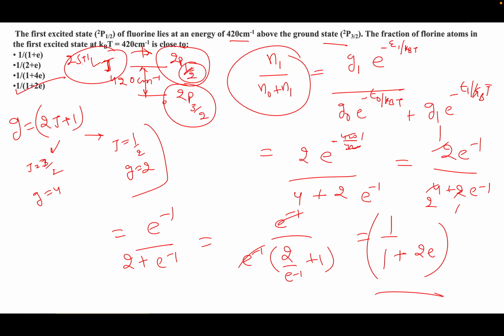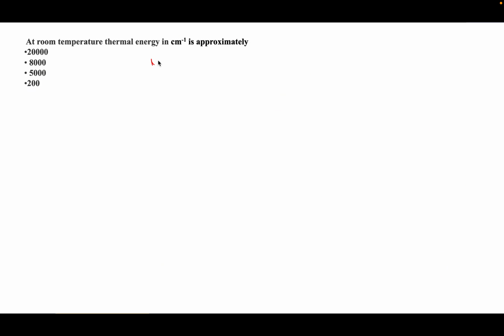The next question: at room temperature, the thermal energy is nothing but kBT. So we need to calculate kBT at room temperature. Room temperature is 25 degrees Celsius, that is 298 Kelvin.